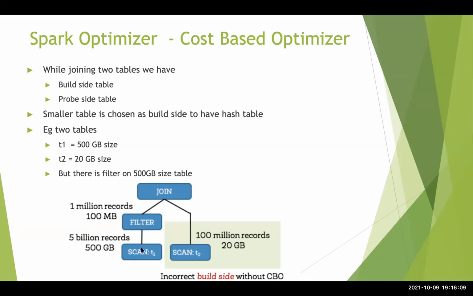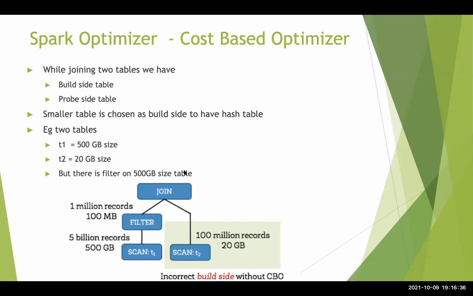Table 1 is 500 GB in size. Table 2 is 20 GB in size, correct? And table 1 has 5 billion records, and this is 100 million records, something like this. Now if you don't do any planning, and you have a filter on the 500 GB side, one important thing, after the filter this 5 billion records get converted into 1 million records, and this 500 GB gets converted into 100 MB.